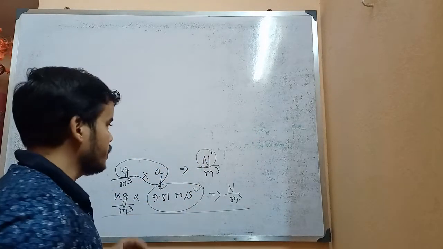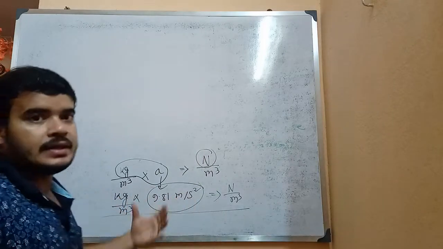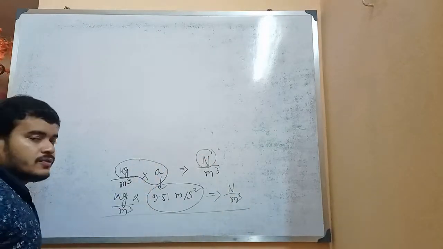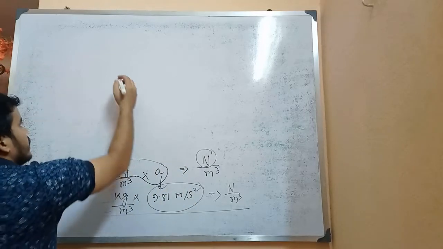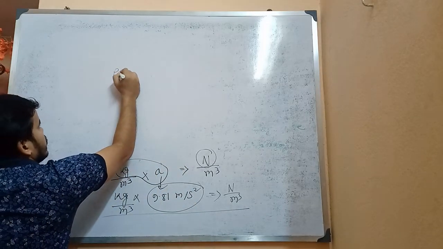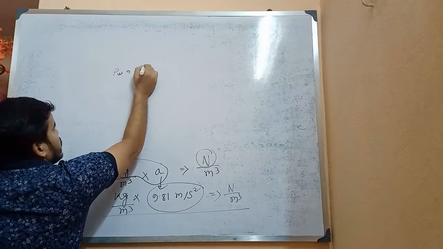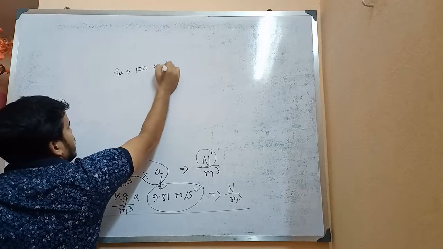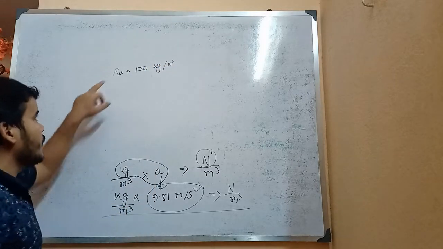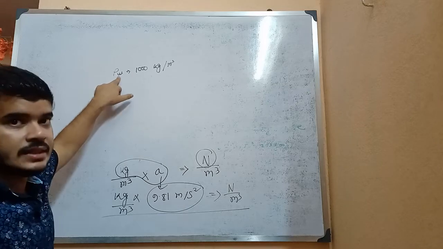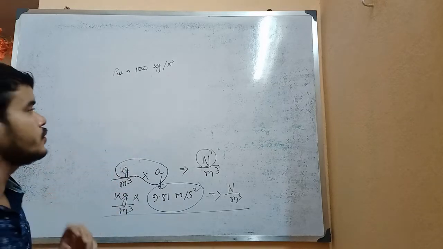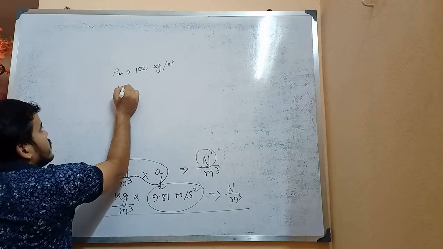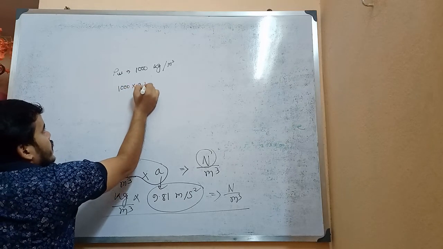So now we will learn how we apply this thing. We know in my first class what is the density of water? Rho W equals to 1000 kg per meter cube. And if we have to convert this density to unit weight, what we have to do? 1000 into 9.81.